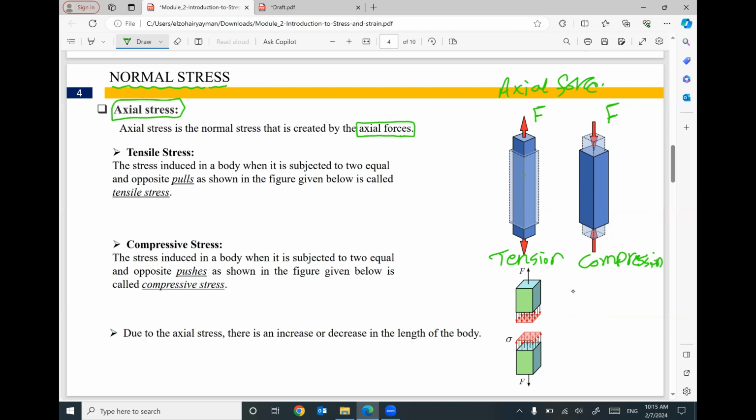So the tensile stress is the stress induced in a body when it is subjected to tension force. These tension forces are pulling the member. This force and this force are trying to pull the member, which means tension, which will cause tensile stress. This tensile stress is perpendicular to the cross section.